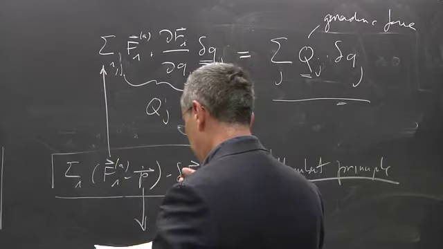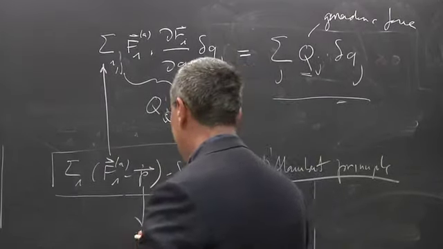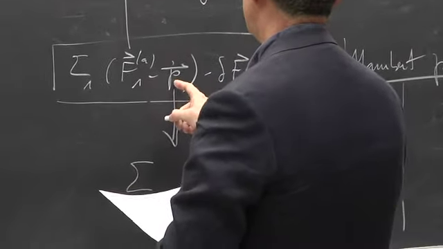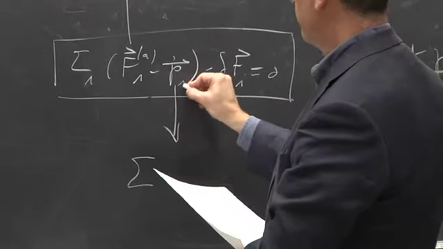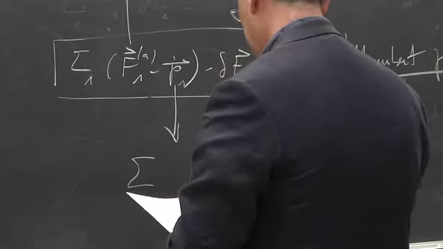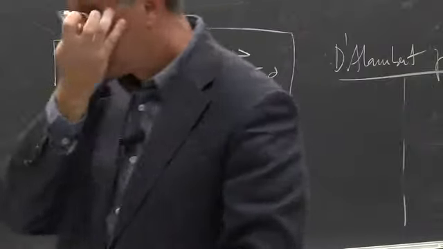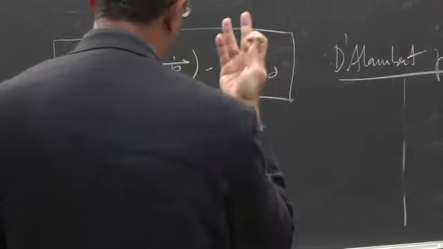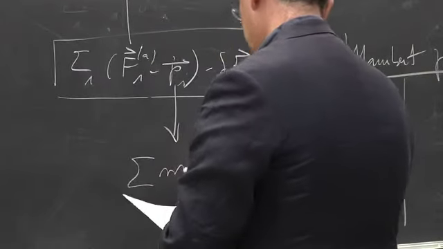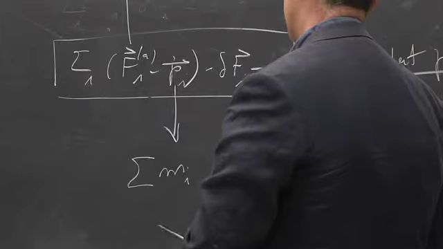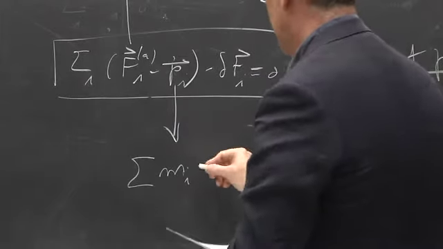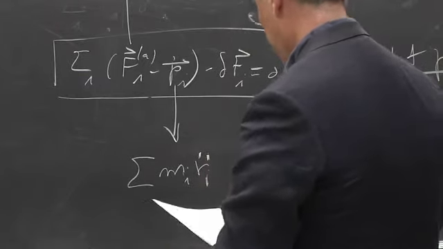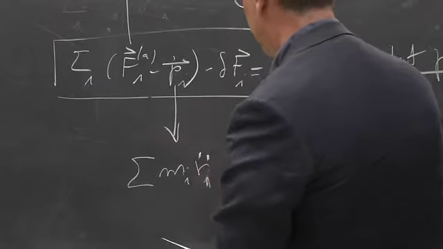How about this term here? Let's write it explicitly. So you have a sum. So what is P dot? It is the derivative of the momentum. So it's the mass times the second derivative of r, right? Maybe each particle has a different mass, so I call it m_i, and then you have r_i twice dotted, like this, right? This is the P dot.